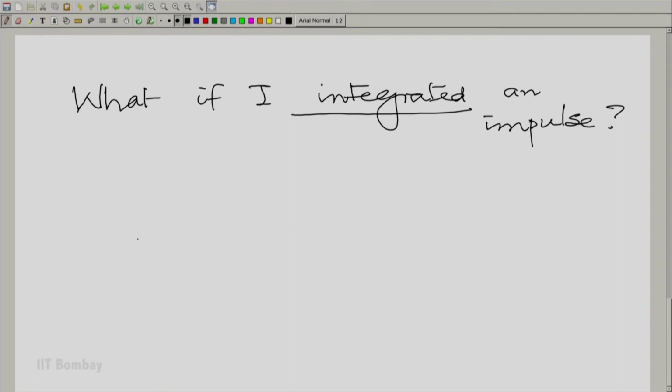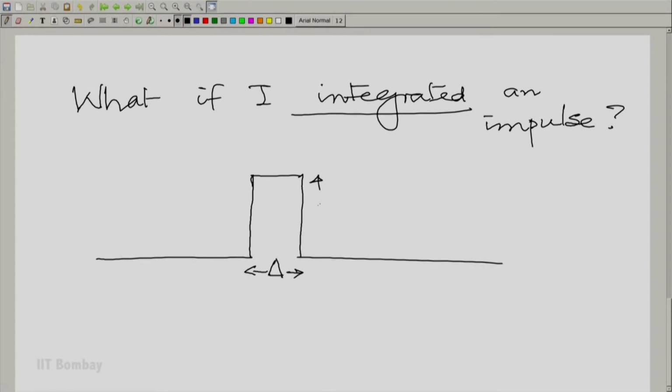Now, let me again do this by using a limiting argument. So, I have this tiny little pulse here of width delta and height 1 by delta, and this point, let us call it t0. So, I create, this is the variable t, and I have delta located suitably.